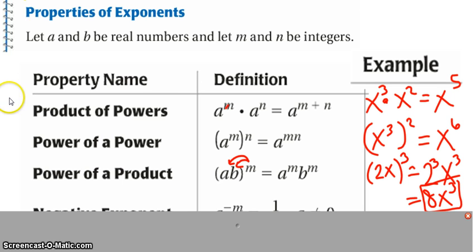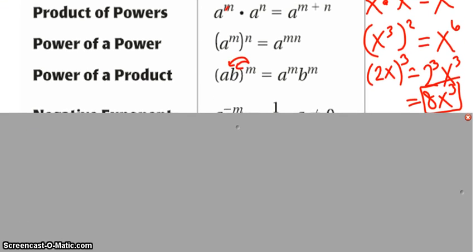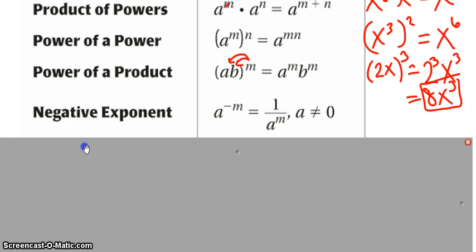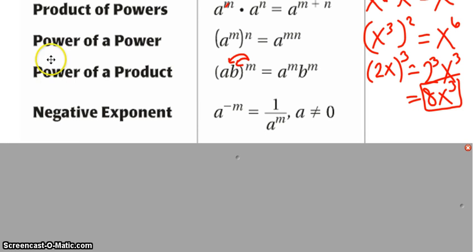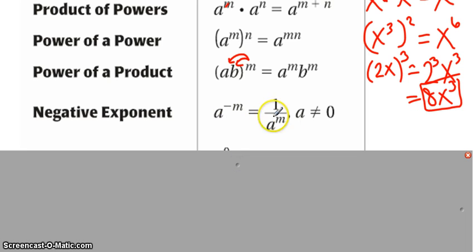Then we go to negative exponents. You can't have negative exponents, so there's a property that says whenever you have negative exponents, you do the reciprocal. And this applies vice versa.